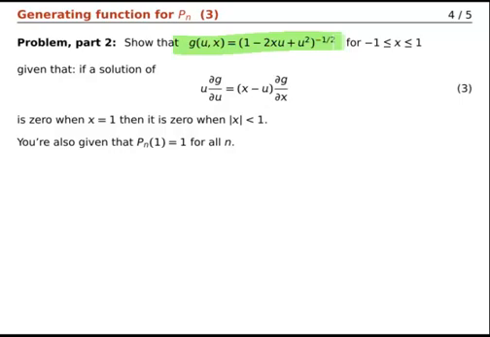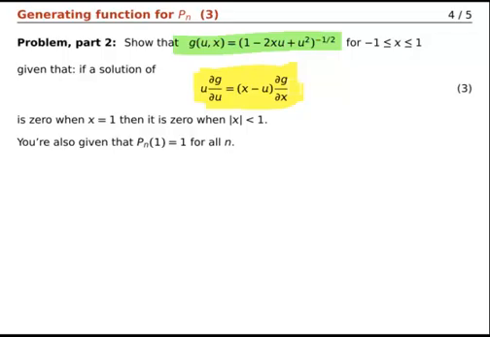Well, moderately simple function, 1 over the square root of 1 minus 2xu plus u squared. This partial differential equation is a bit on the complicated side, it's a type of partial differential equation which you might not have met, and it's not obvious how to solve it.